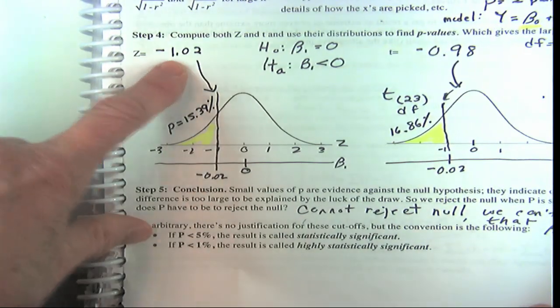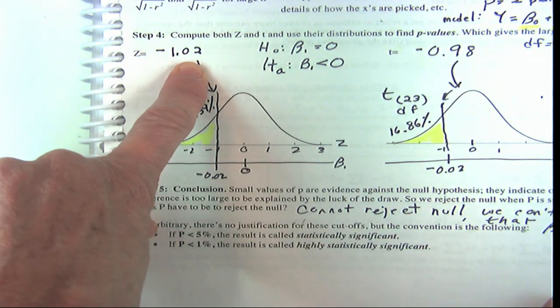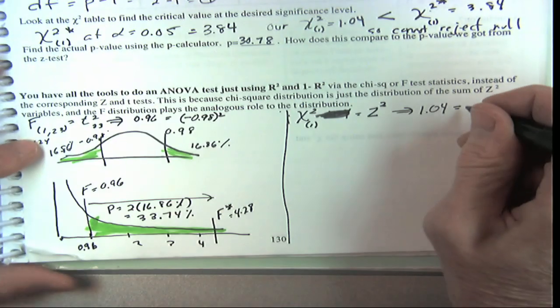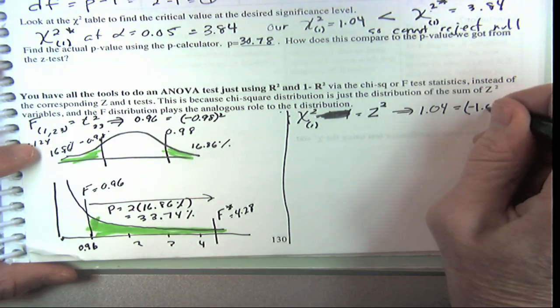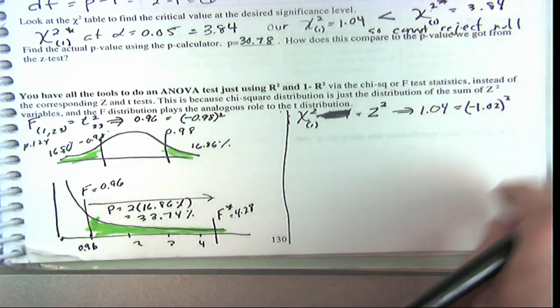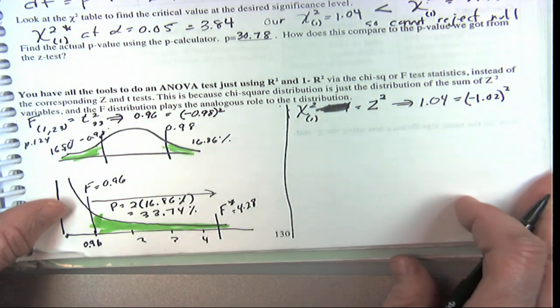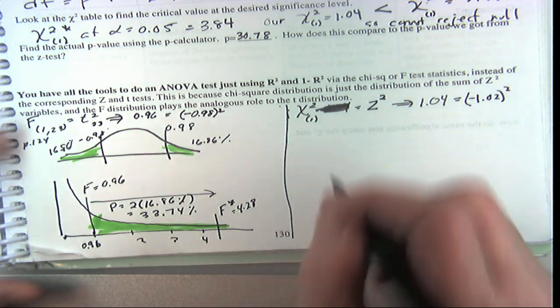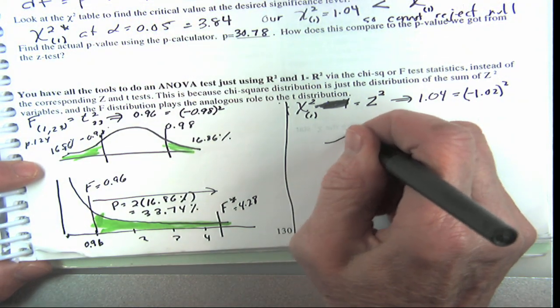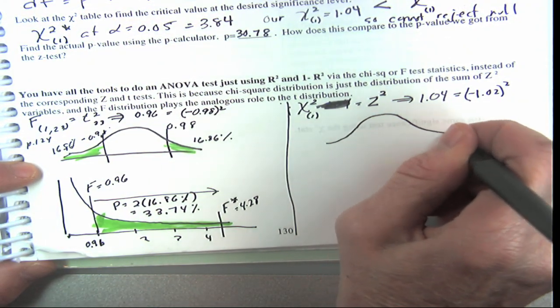Our negative 1.02 squared. So that's equal to negative 1.02 squared. And now we'll draw the picture from before. Now it's the z-curve. It's going to look really similar.